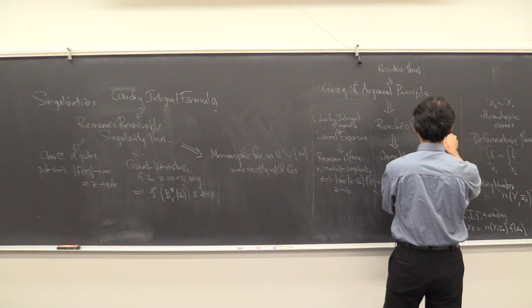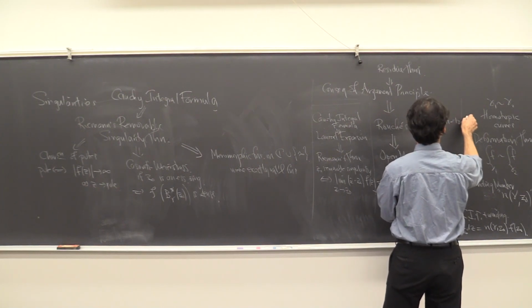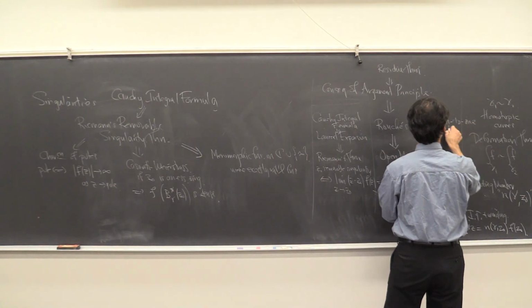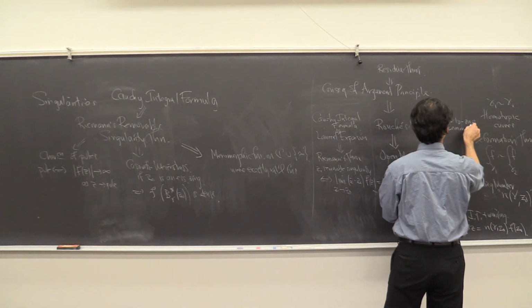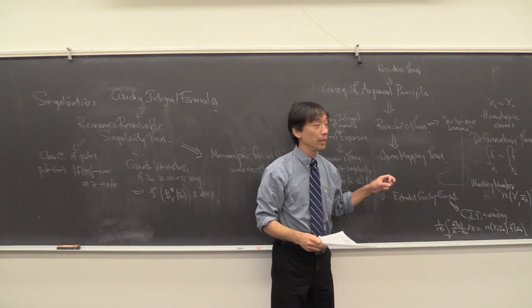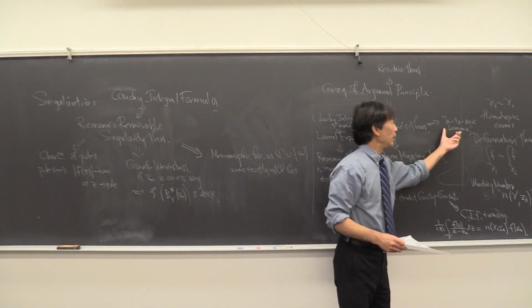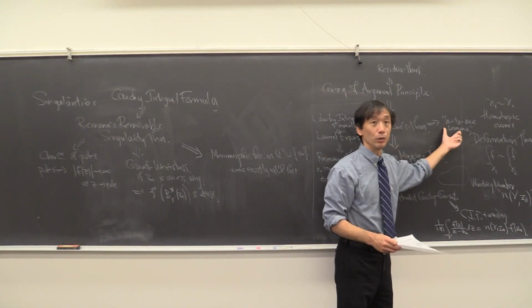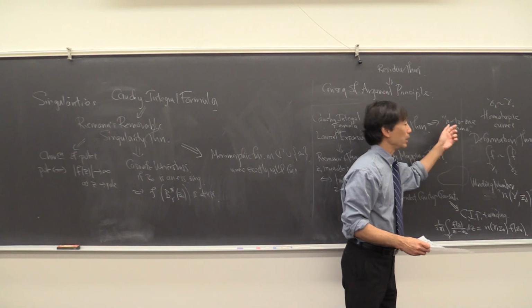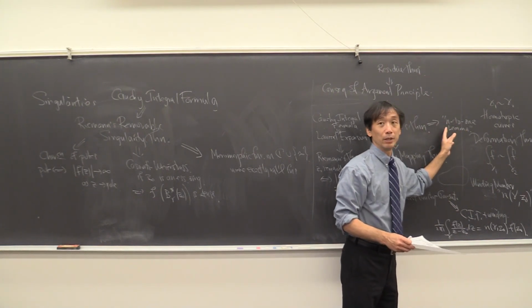So the first one was this so-called n-to-1 lemma that said that if you have a holomorphic function, then that function is locally n-to-1, right?